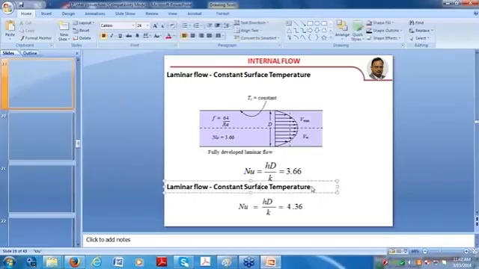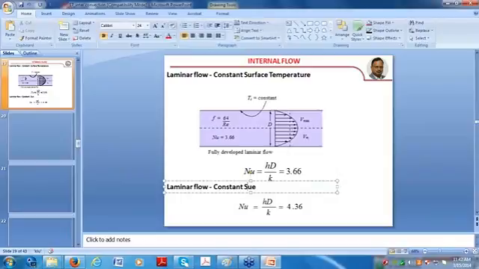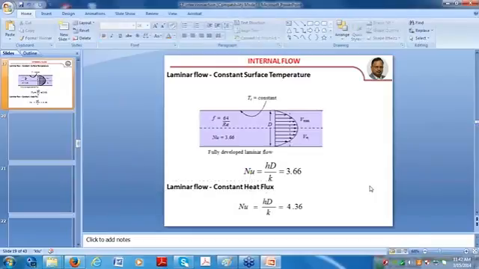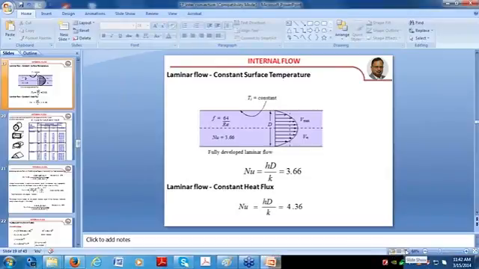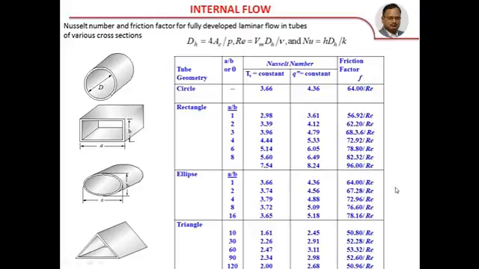Anyhow, if it is laminar flow with constant heat flux instead of constant surface temperature, under constant heat flux condition, the Nusselt number is considered as 4.36.